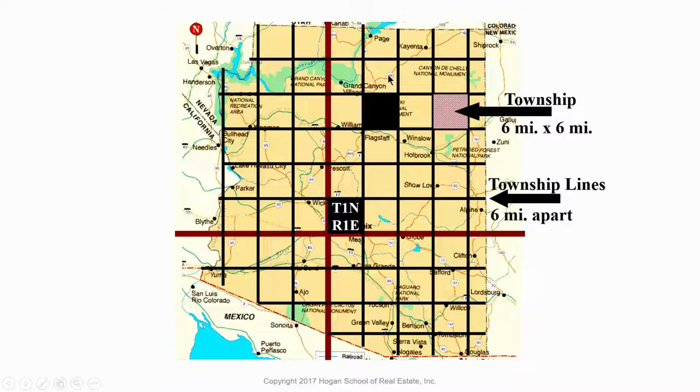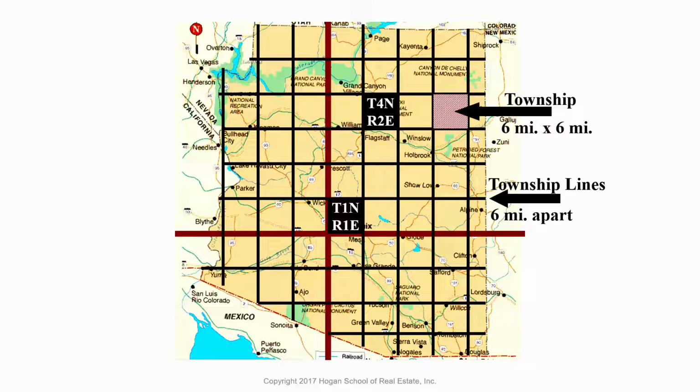It's the first, second range. So this particular parcel right here would be indicated as Township 4 North, Range 2 East of the Gila and Salt River Basin Meridian, or Township 4 North, Range 2 East of the G and SR, B and M, Arizona.